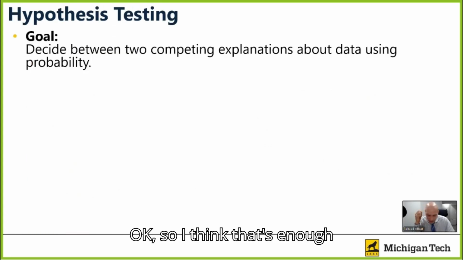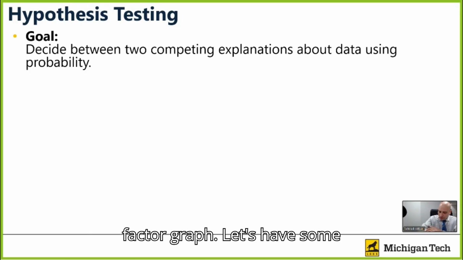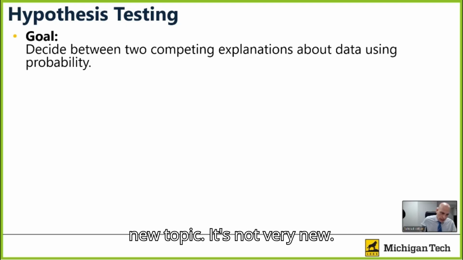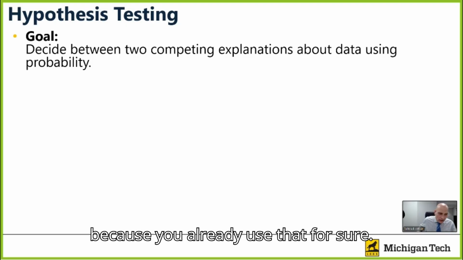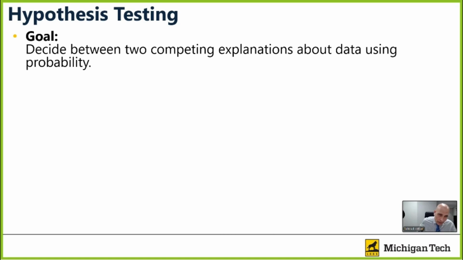Okay, so I think that's enough for Gaussian for factor graph. Let's have some new topic. It's not very new because you already use that for sure. Like for example, hypothesis testing. It's kind of like likelihood.